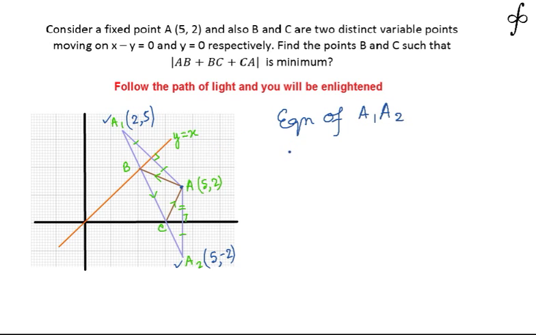So we can quickly write down the equation of the line A1A2 to be (y minus 5) divided by (x minus 2) equal to (5 plus 2) divided by (2 minus 5).